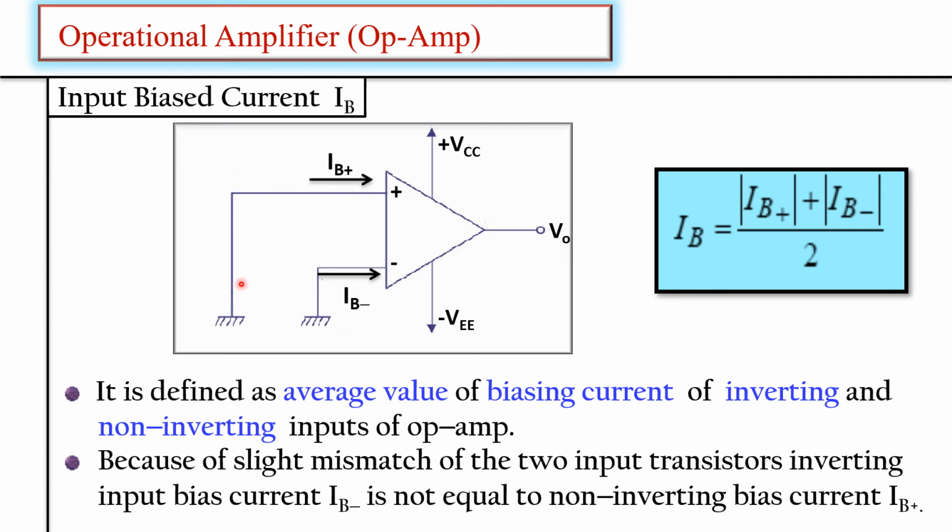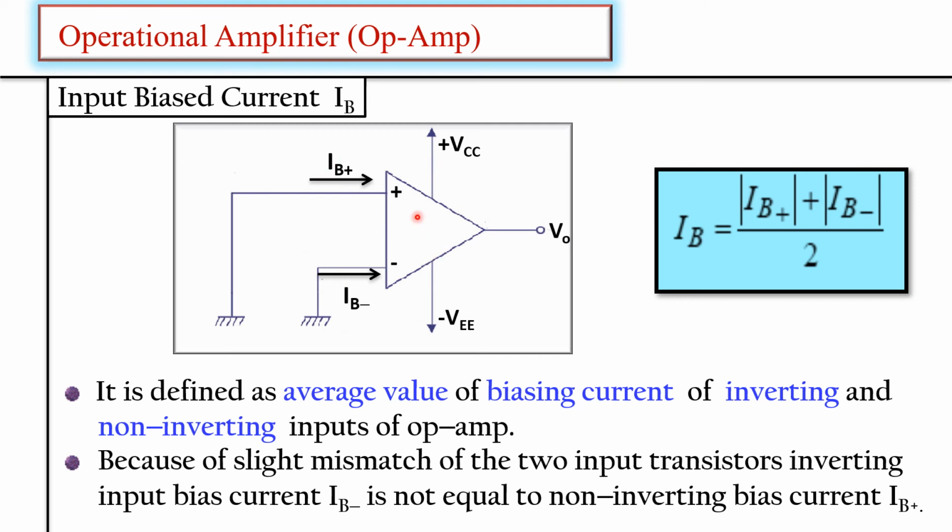Internally, these currents flow through the transistors of the differential amplifier. The internal circuit is a differential amplifier, so they are the base currents of the two transistors.